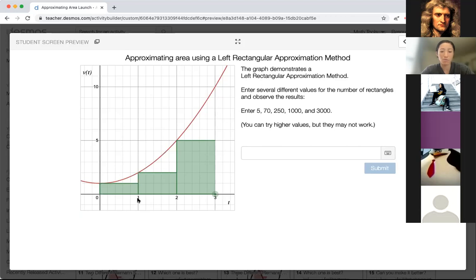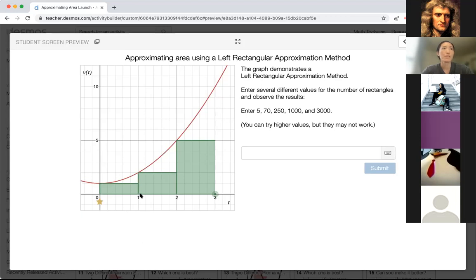Okay, so notice from 0 to 1, which number is on the left of that interval? Is 0 the left side of that rectangle, or is 1 the left side? Yeah, 0 is the left side of that rectangle, so I'm going to put a little star here.